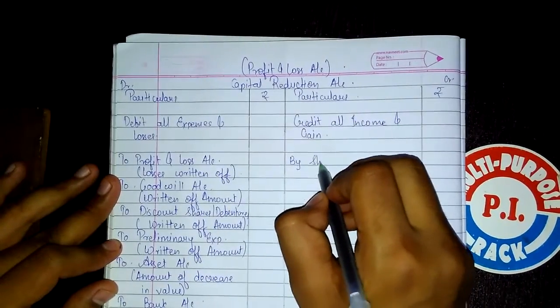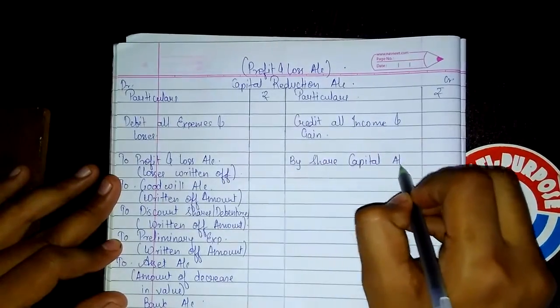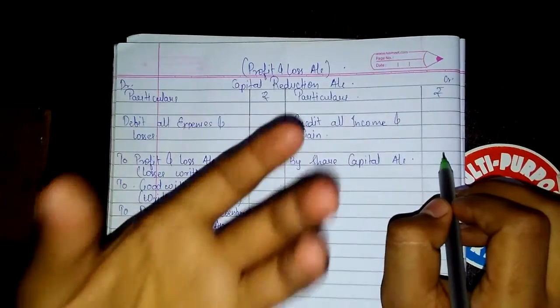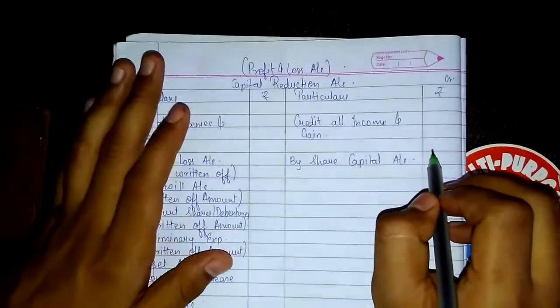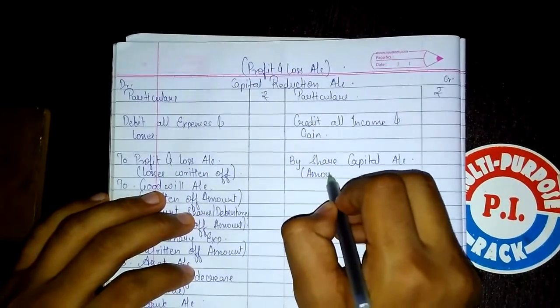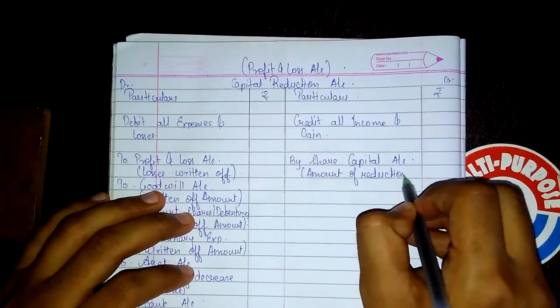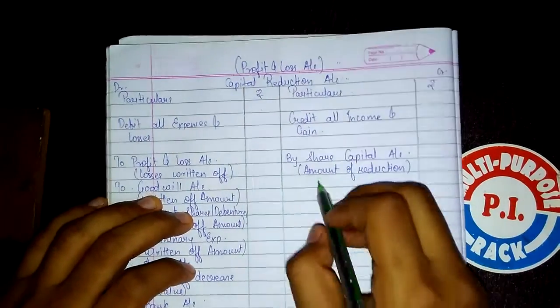By share capital, if there is any reduction in the share capital account, that means we have reduced the share capital account, that is our liability has reduced, that means we have gained. So only the amount of reduction, the difference amount of reduction, will be written in the amount column.